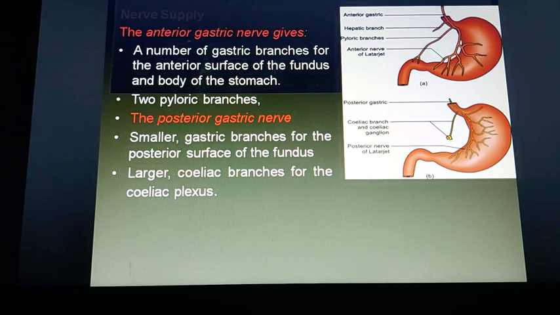Coming to the posterior gastric nerves, which are smaller, they supply the posterior surface of the fundus, and the larger celiac branches go to the celiac plexus, here the celiac ganglion. So this is about the anterior and posterior gastric nerves.